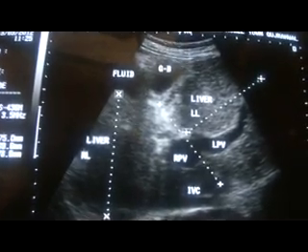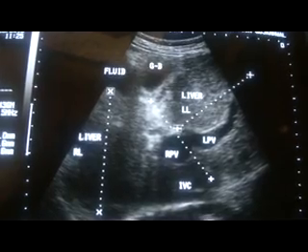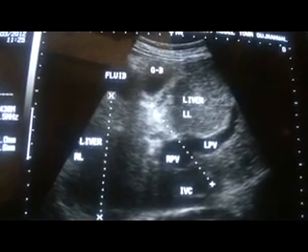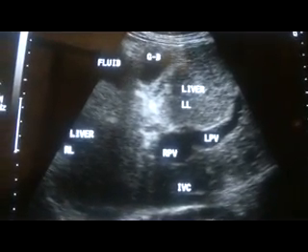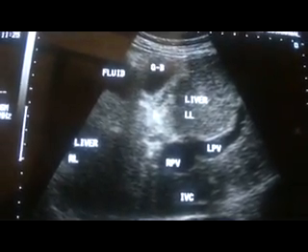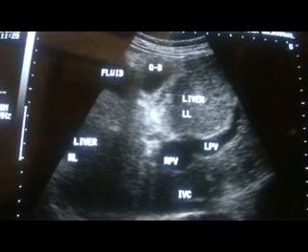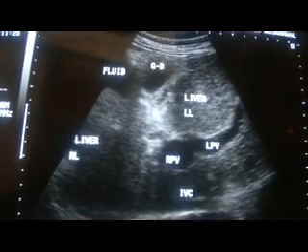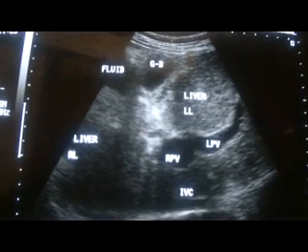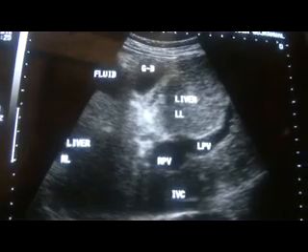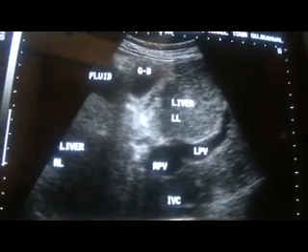It measures 10.4 centimeters from this angle. This is the diaphragm. This is the fluid surrounding the outer irregular surface of the liver being cirrhotic. This is the IVC.